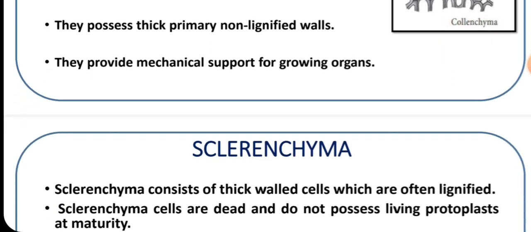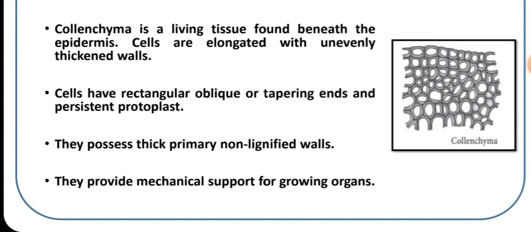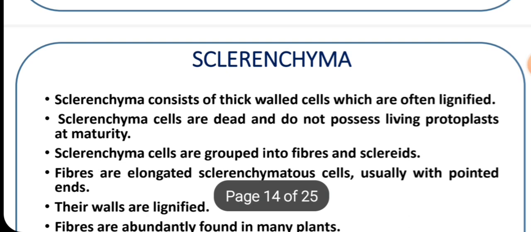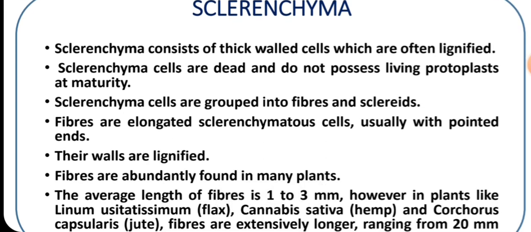In collenchyma, you find three types. Of course, you don't study them in 9th standard. When you come to 11th standard, you'll study them in detail. They are called angular collenchyma, lacunar collenchyma, and lamellar collenchyma.